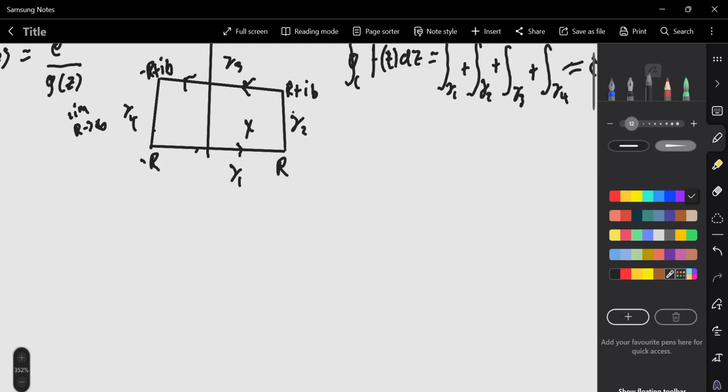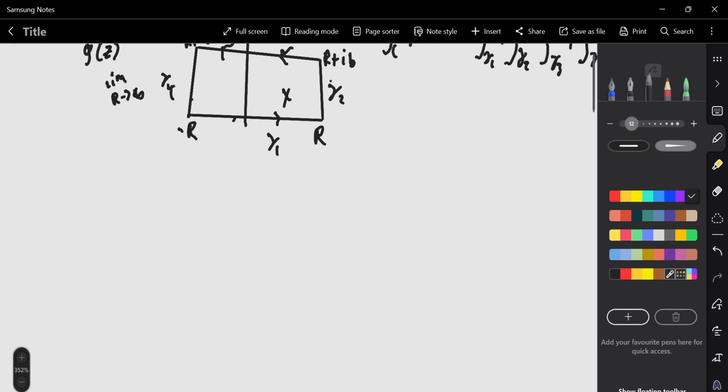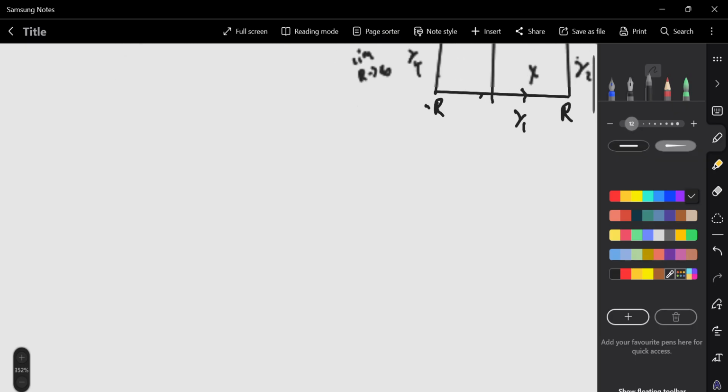Cool. And what we want is, let's look at the integral over gamma 1 and gamma 3, because we're assuming that the integrals over gamma 2 and gamma 4 go to 0. We'll work on that later, or we'll just say that they do.